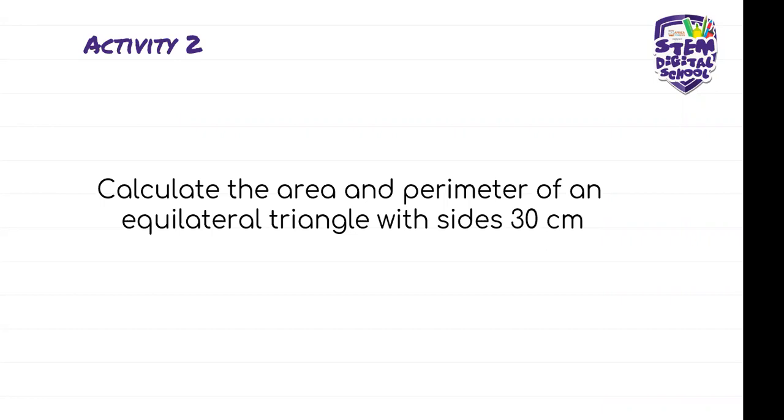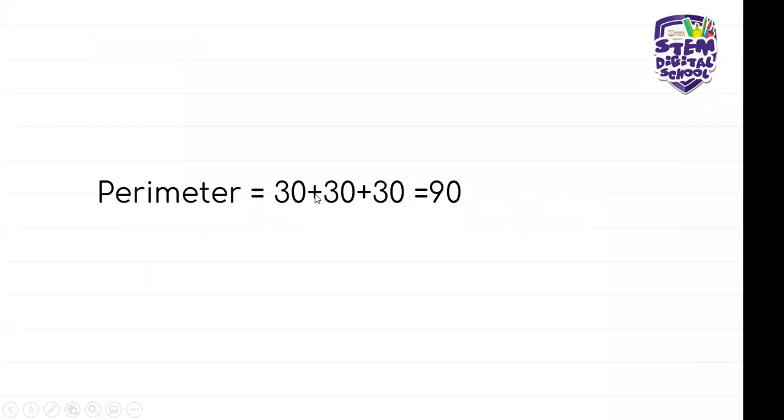I see James also got 90. The same goes for Tando, 90 centimeters. Great. You have found that the correct answer there is 90 centimeters. And of course, this is how I've calculated it. Simply put, perimeter is equal to 30 plus 30 plus 30, which is 90. So 90 is the final answer, the perimeter of the triangle.